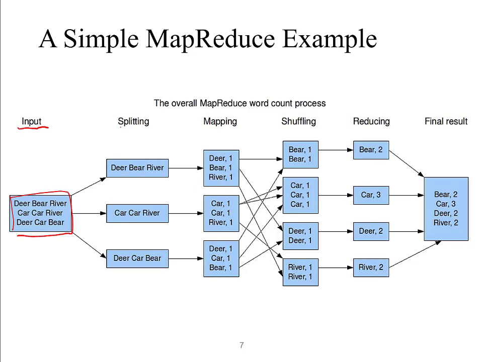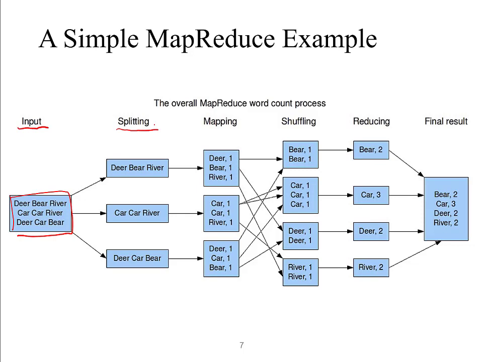Here comes the second step, which is splitting. So in Hadoop, Hadoop splits the incoming data into smaller pieces called splits. As in the example here, the input file is divided or split into 3 parts.